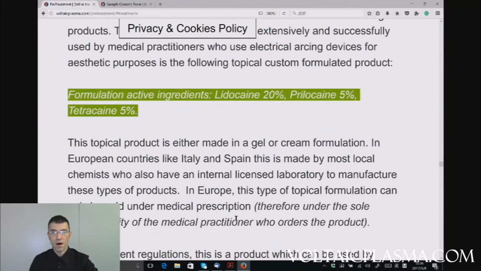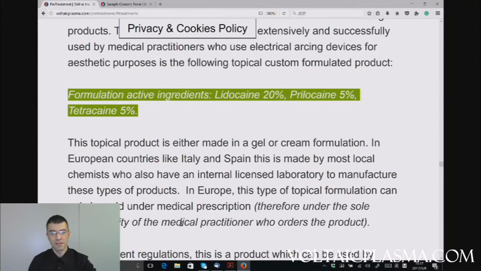Now, you can find these products from certain labs under medical prescription. So if you're a doctor, you can ask around, and some labs do make this particular product, and this particular product is quite good. So you don't have to be tied to a particular lab. You can choose whatever lab you like, but they will ask you for a prescription before they make it.